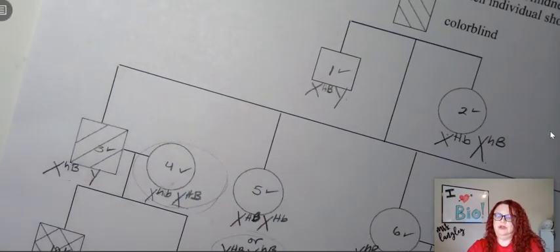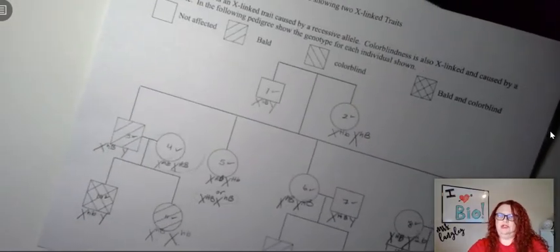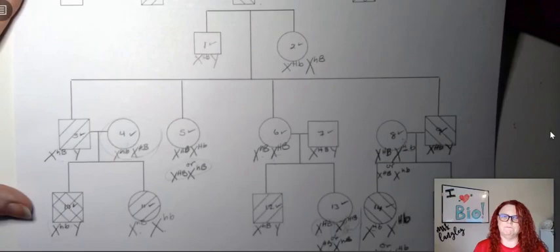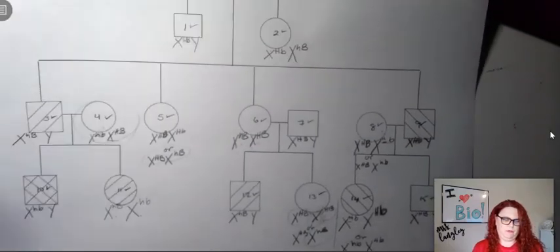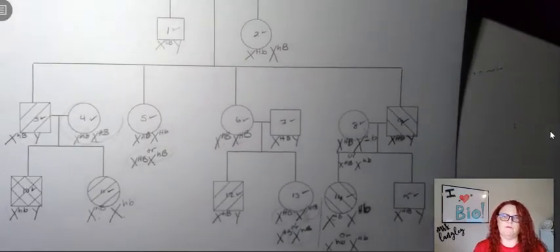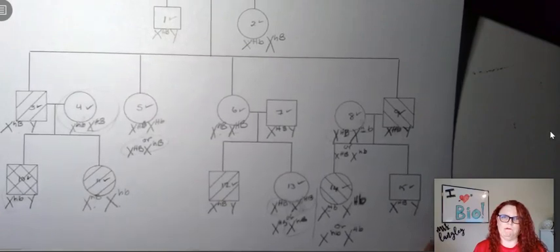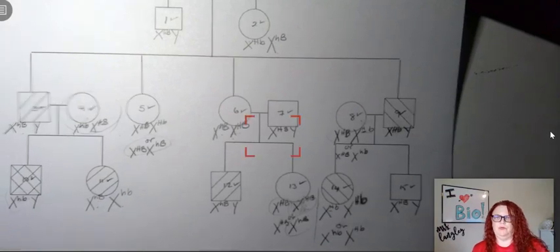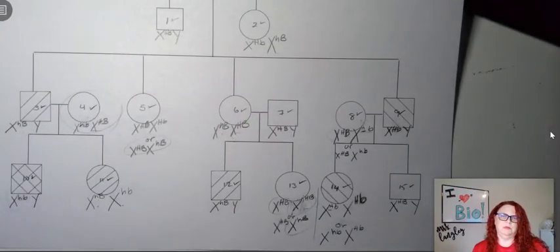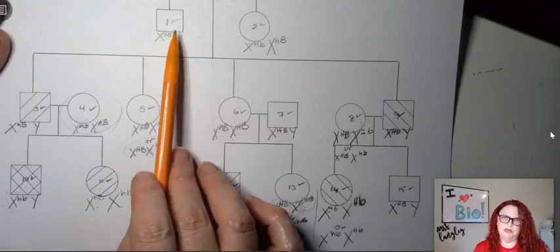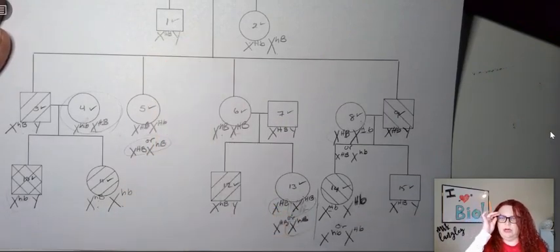But let's see if I can get you a view of the whole page so you can see a little bit better. Okay, so this is considered a 3-level pedigree.